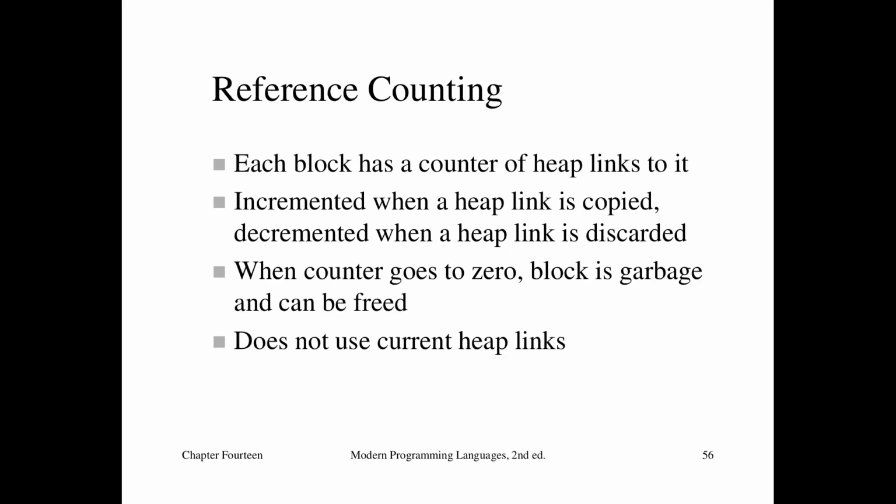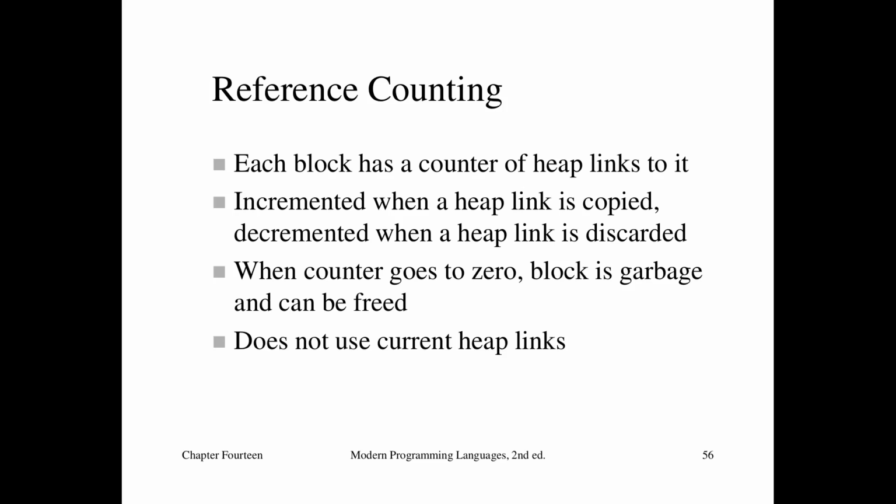Finally, we have reference counting. Each block has a counter of heap links to it. As you create new things and make and copy references, it updates the counter as a part of the block. When a heap link is copied, we increment.